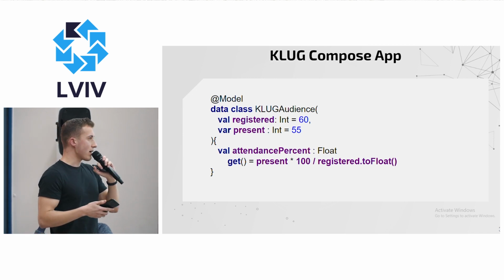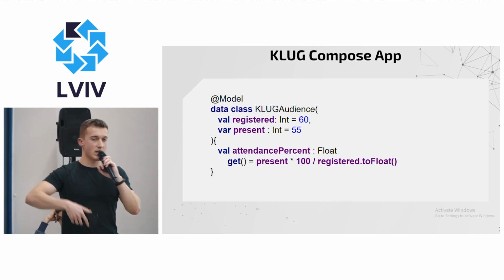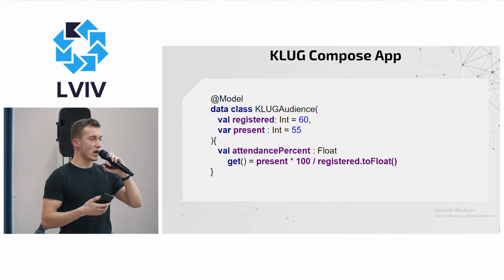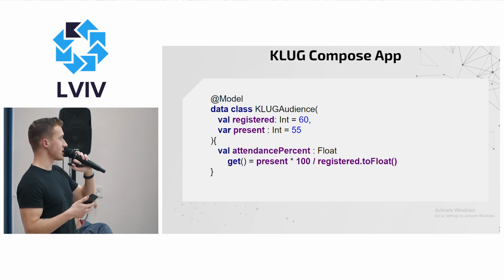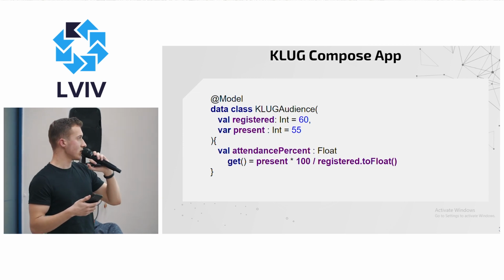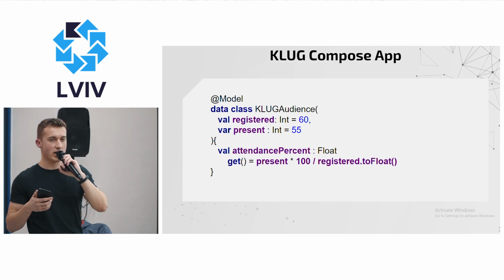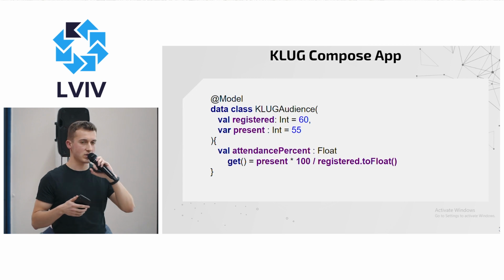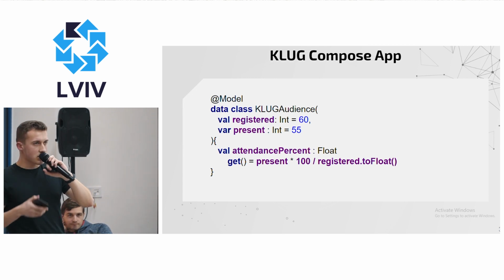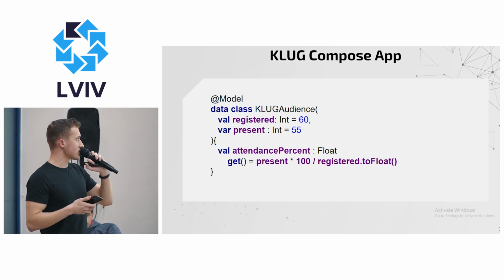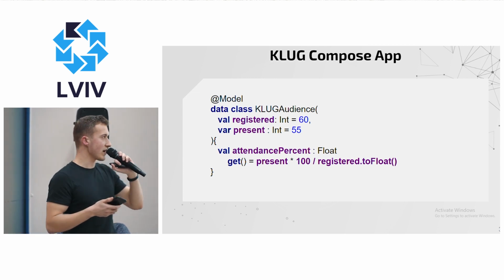So, for example, if we have a list of users and we change one user in the middle of this list, it will redraw only this user on the UI. It will not touch any other users.